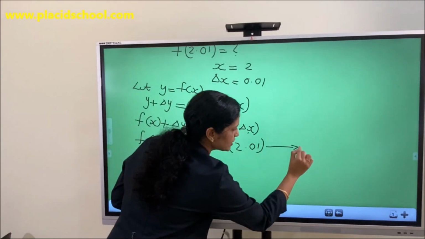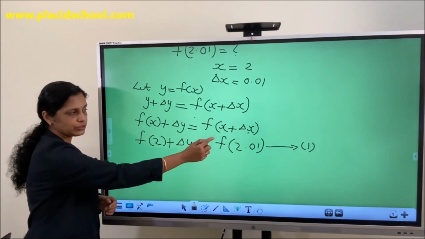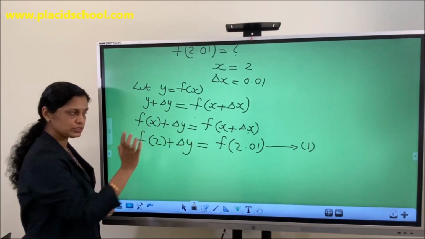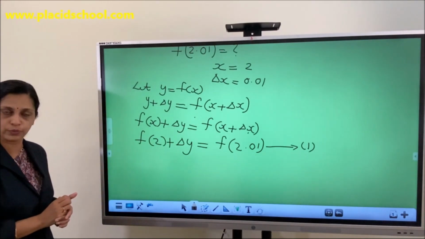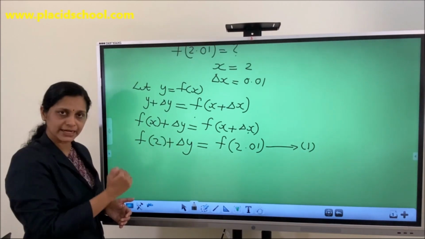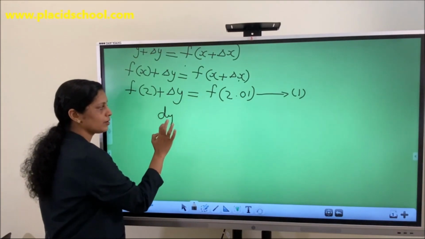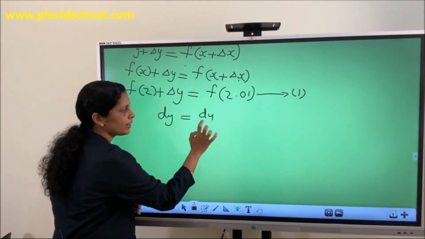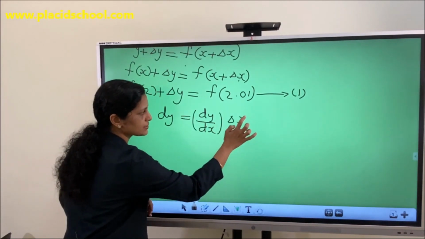Let it be equation number 1. Therefore, for finding the approximate value of f of 2.01, it is enough to find the approximate value of delta y. And we know that we cannot find delta y directly, we can find only dy, which is dy by dx into delta x.